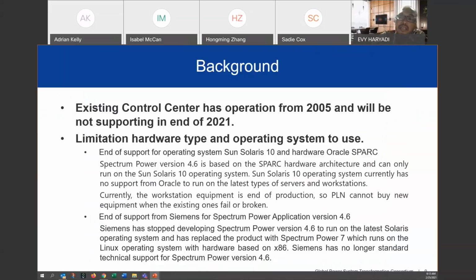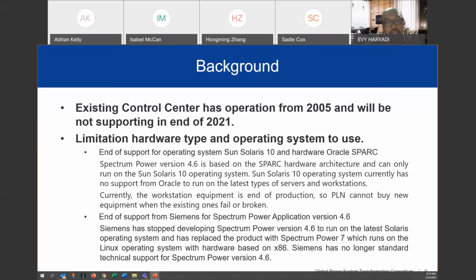This is the background that we are facing now in Indonesia. We have the existing control center that has been operating since 2005, and it will no longer be supported. It will be obsolete in hardware and operating system by the end of 2021.